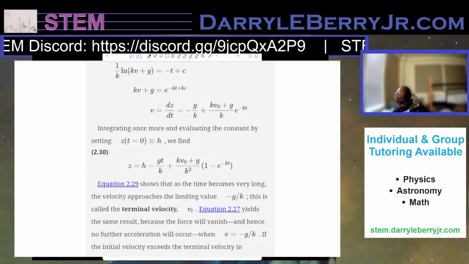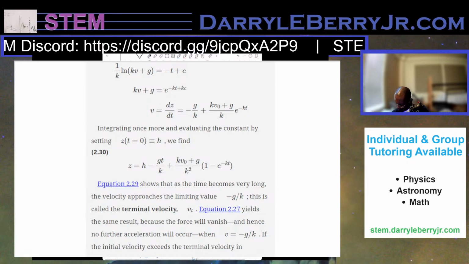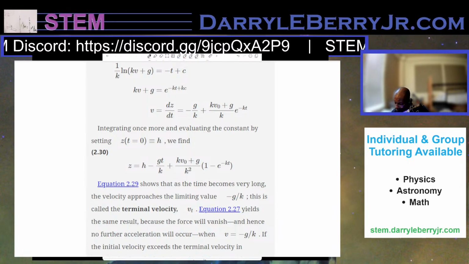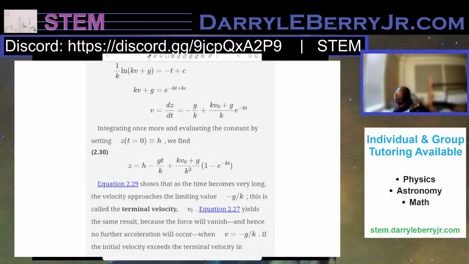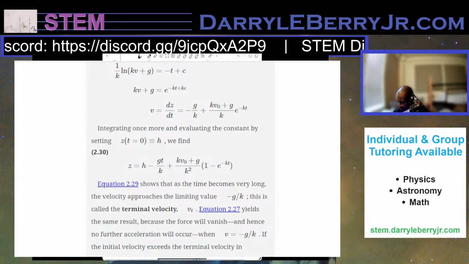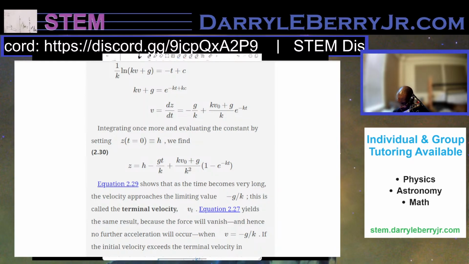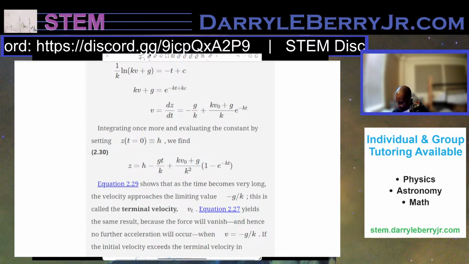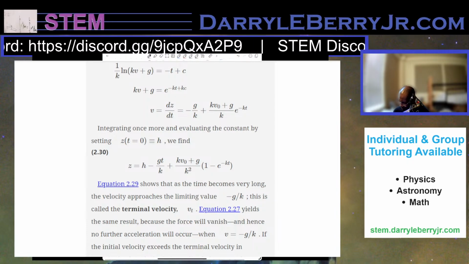So velocity downward is positive. It is positive. This means I have to put a negative in front of the k because it's opposite direction. So mine makes sense as well.